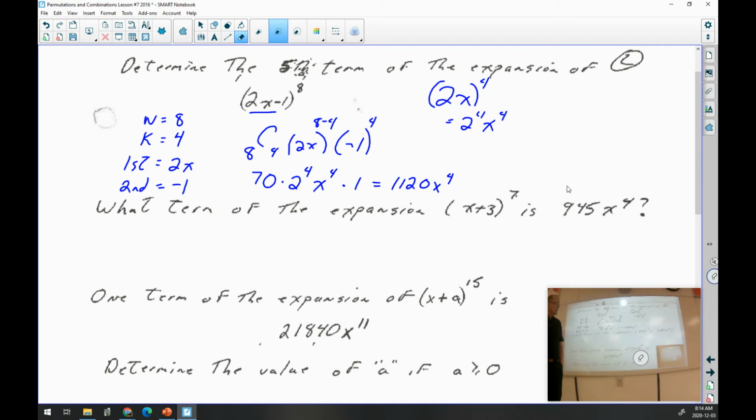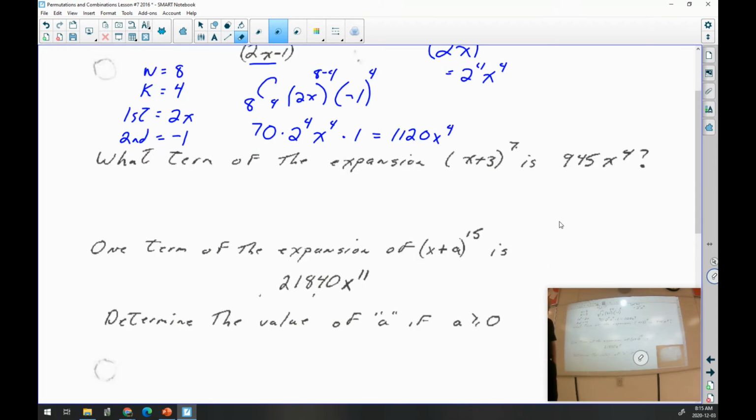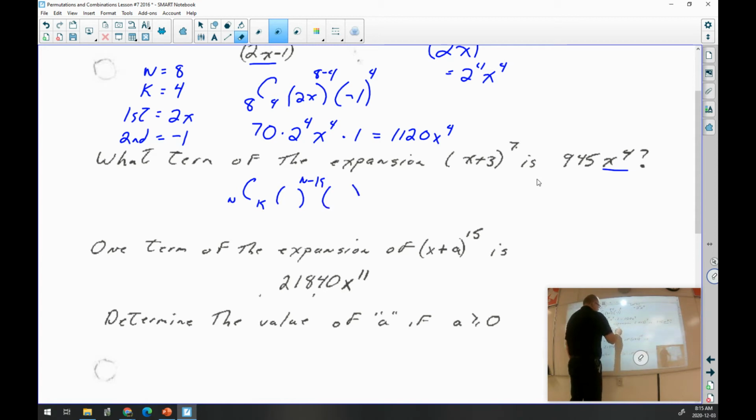Now, for this one, what term of the expansion of x plus y to the 7th is 945x to the 4th? Well, we don't really need to do much other than just find what the term is. So we have this x to the 4 is going to be useful to us. We know the binomial expansion, and again, I'm just plugging in brackets because I don't want to use x and y.